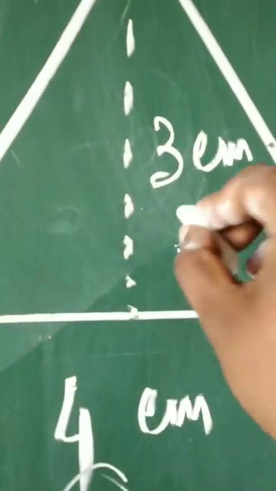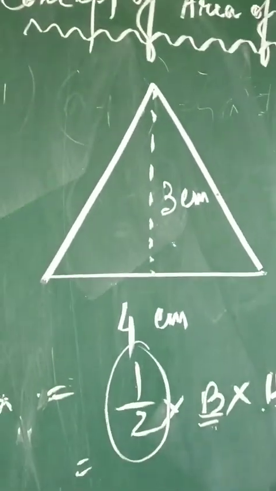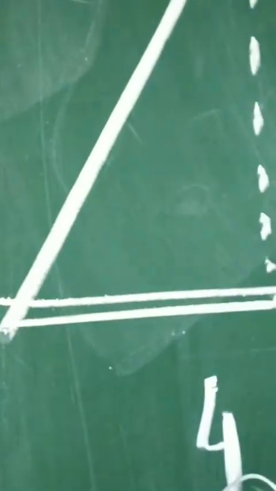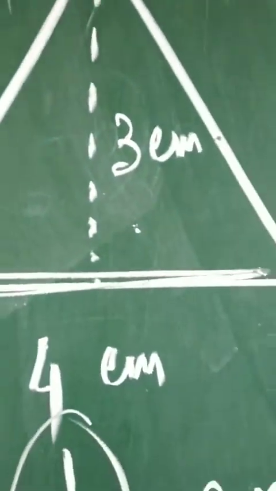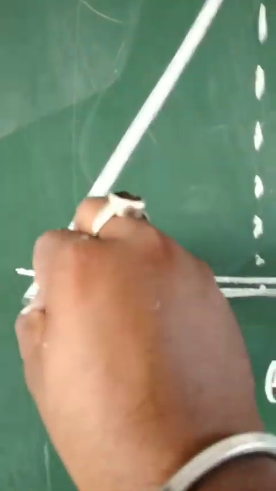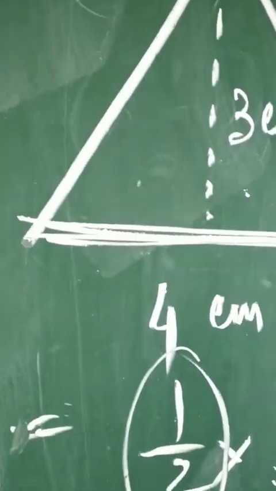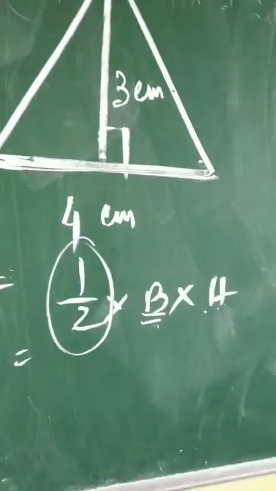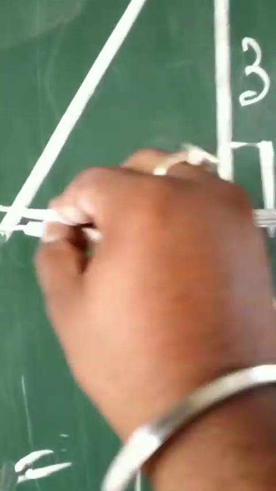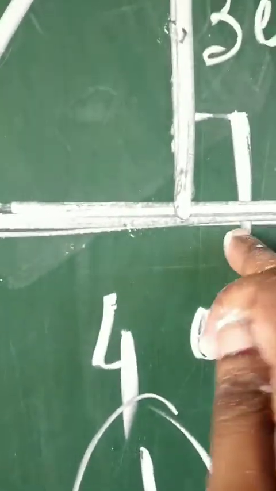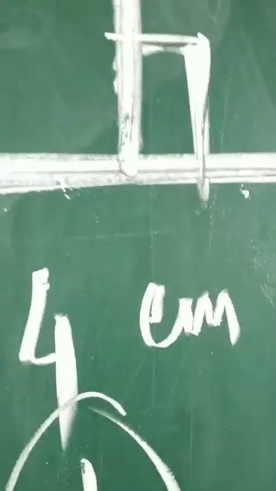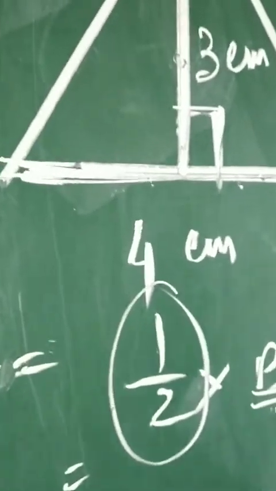In this particular figure, the base is measuring 4 centimeter. Now you might be thinking, how did you understand this? The height which has been drawn is perpendicular to this side. That made me understand that this is the base and this is the height. Height and base should always be perpendicular to each other and form 90 degrees. So the measure of the base is 4 centimeter and height is 3 centimeter.